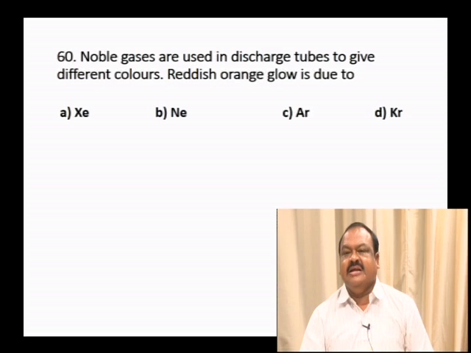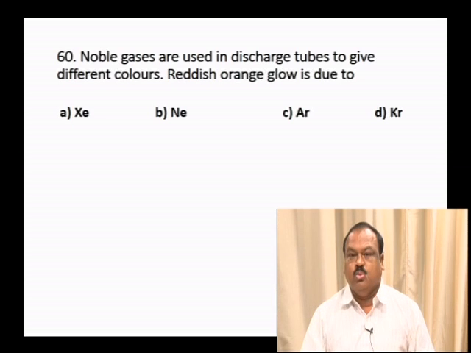While landing, the pilot should observe the runway, so orange color is used. Signboards on national highways are also painted with noble gas compounds. So, among the following, the reddish orange glow is due to neon.